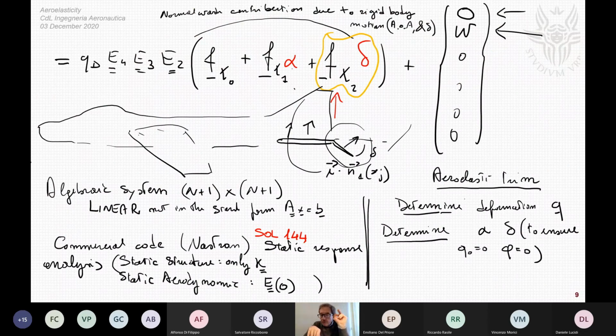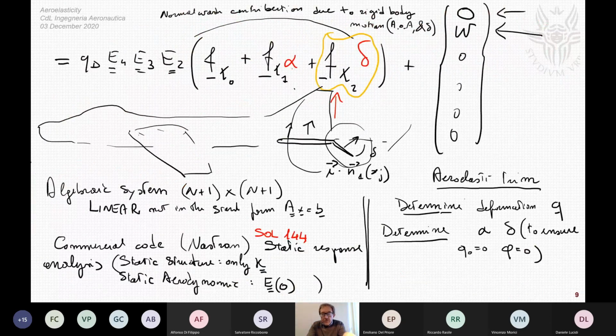But you could evaluate this equilibrium solution by considering nonlinear aerodynamics and nonlinear structure, and, for example, find your solution iteratively, just iterating between your aerodynamic code and your structural code.